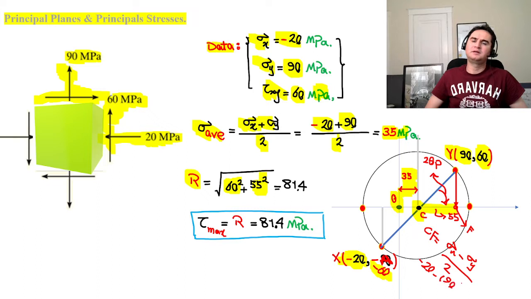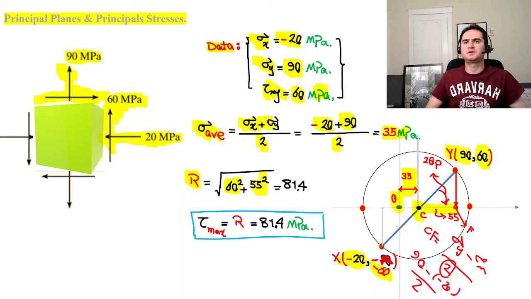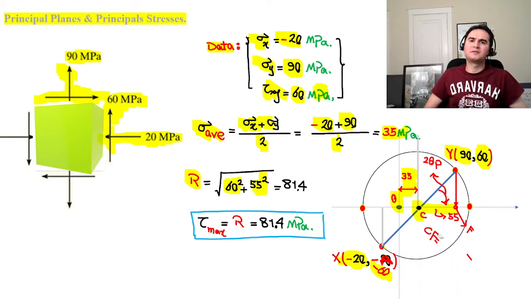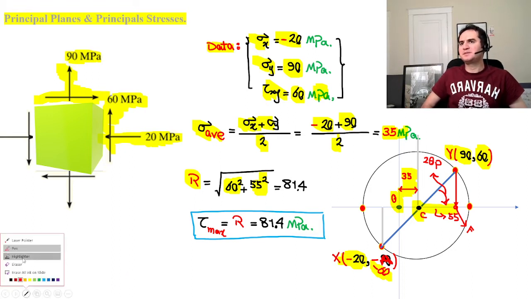Let's put it this way: sigma y minus sigma x over 2. The higher sigma y is 90 minus sigma x, negative 20, over 2, because we need to go with the higher, and that gives you 55. That's the first step in calculation of R.